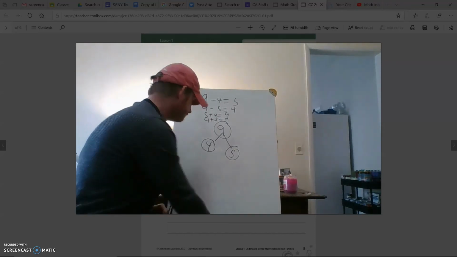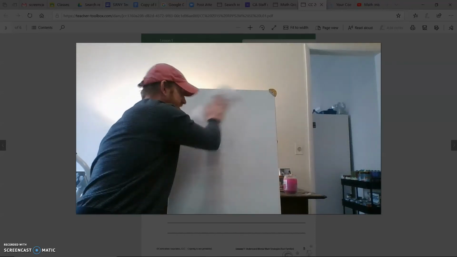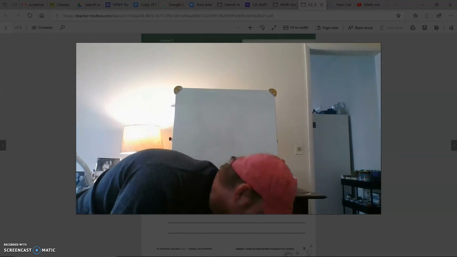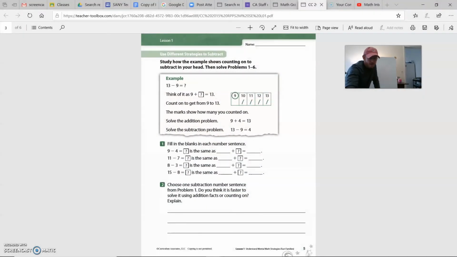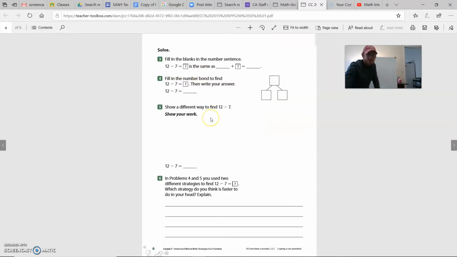All right. If you flip to the next page, number 3 says to fill in the blanks in the number sentence. We have 12 minus 7.